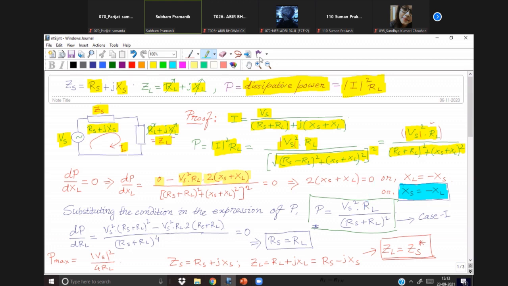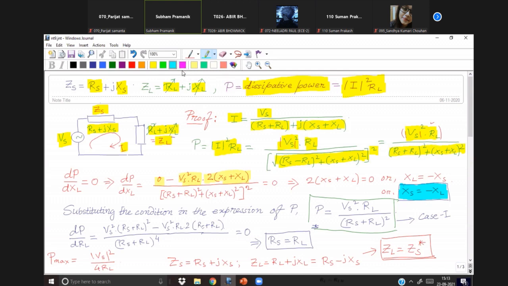Substituting this condition in the expression of power, we get the condition of attaining maximum power in terms of XL. If we substitute that in the expression of power that we got in the second line of this proof, then if XS is equal to minus XL, the second term in the denominator will vanish.